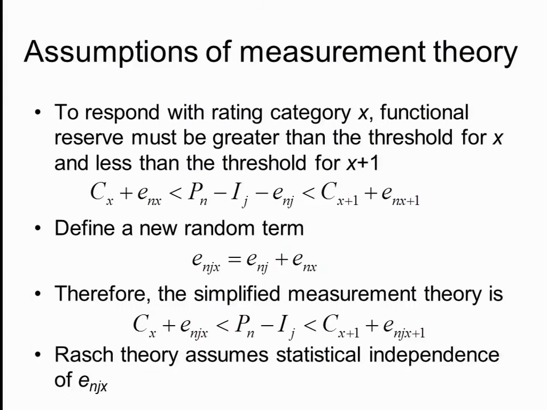The models differ from one another based on the kinds of assumptions that are made about those distributions. Rasch theory, in particular, all Rasch models, what they have in common is they assume that those random variables are independent of each other, no matter what the indices are.